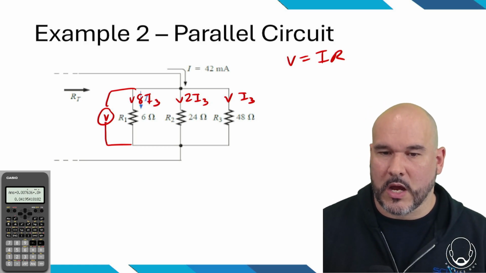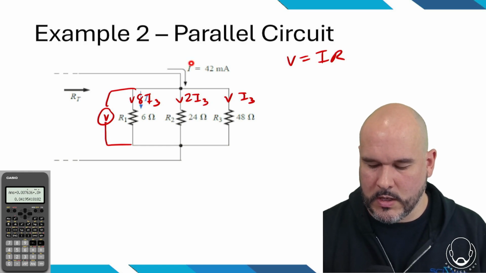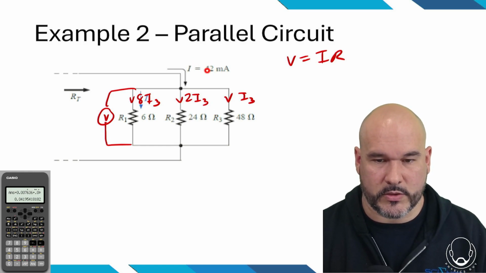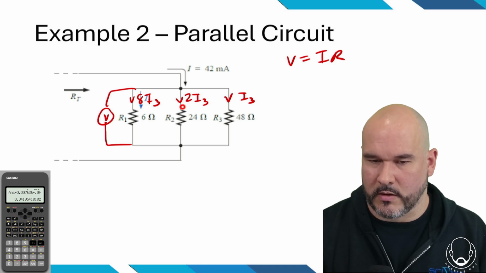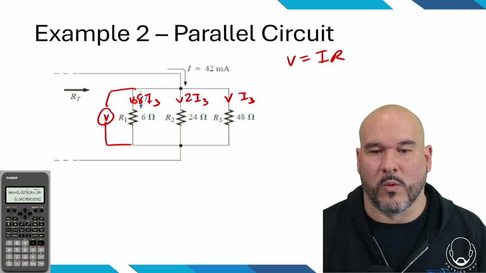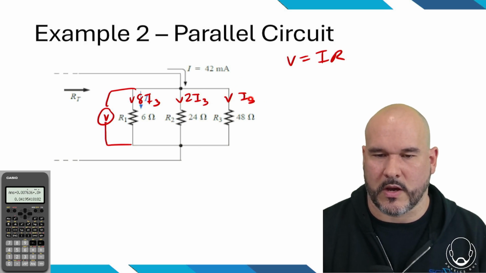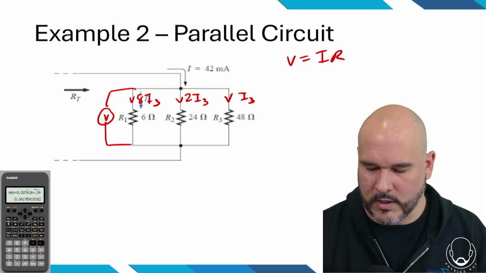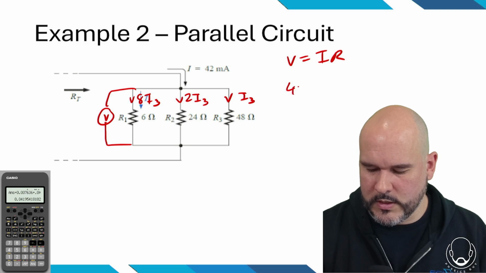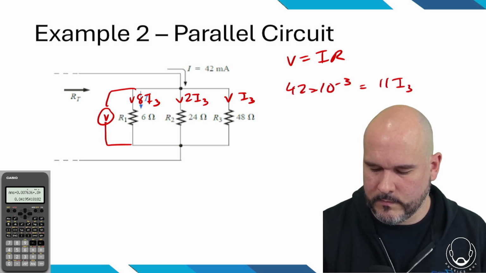What do we do next? We do Kirchhoff's current law. And we say that the total current here, which we know is 42, is just the sum of these currents. Now, because there's just the one little variable in here, it's I3 plus 2I3 plus 8I3. So we'll just say, well, 42 times 10 to the minus 3 is 11I3.